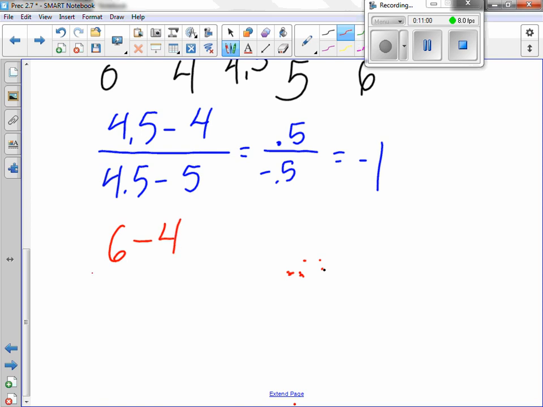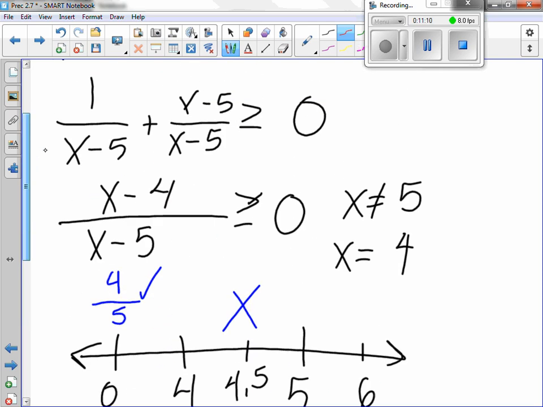It's 6 minus 4 over 6 minus 5, which is 2 over 1, which is 2. That works.